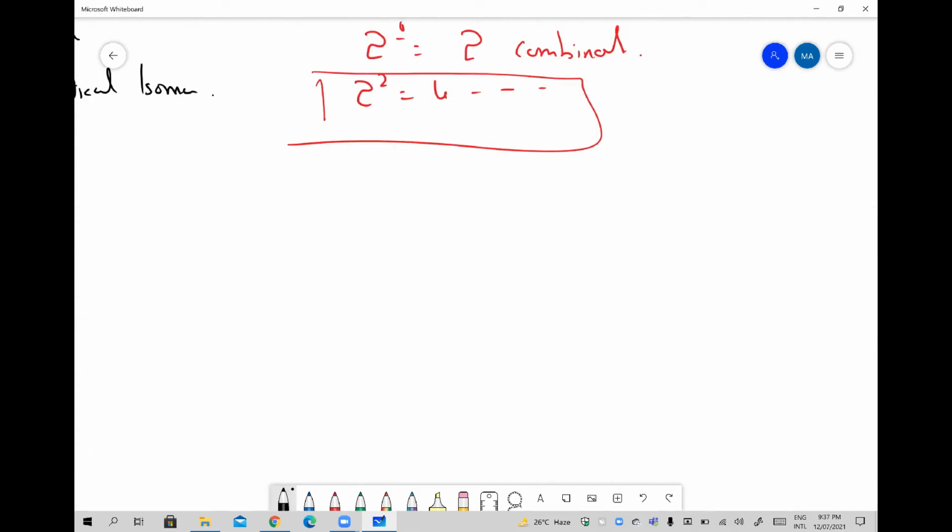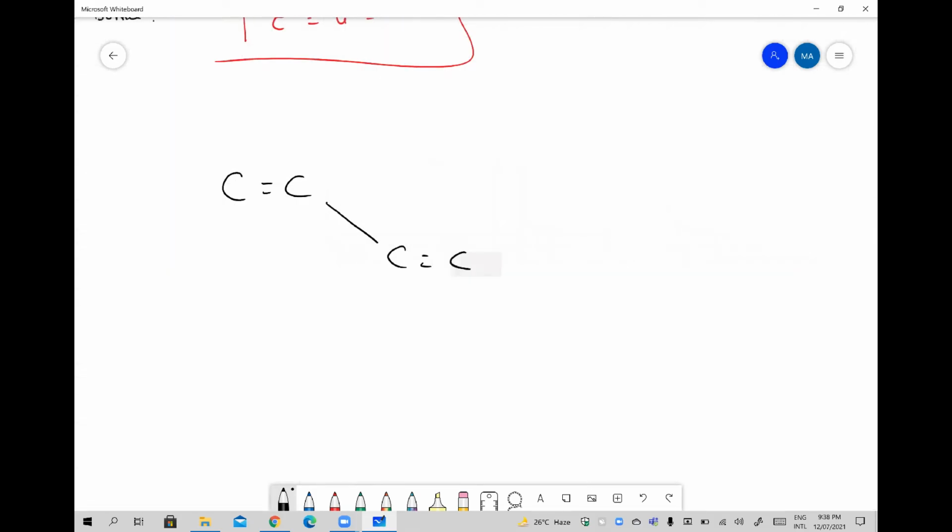This could be, let's say, carbon to carbon and then another carbon to carbon. So let's say there's a hydrogen on one side and there's another hydrogen and Cl, hydrogen and Cl.